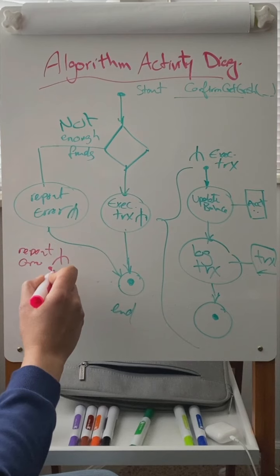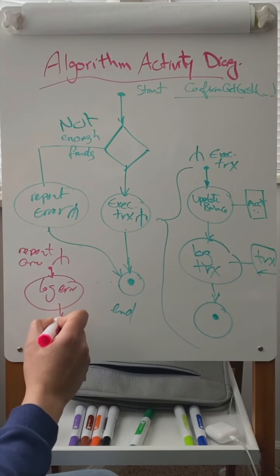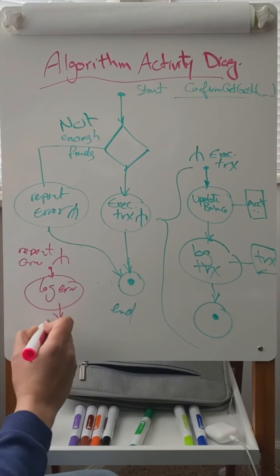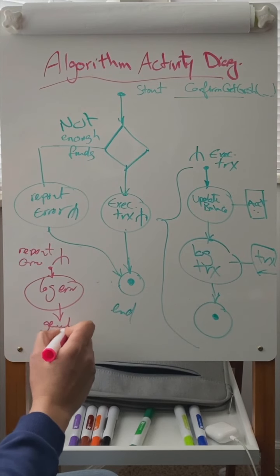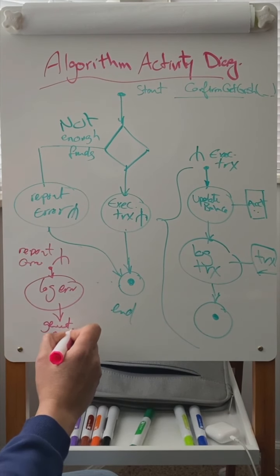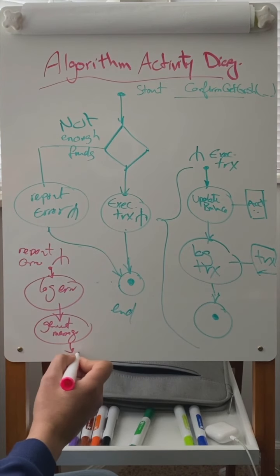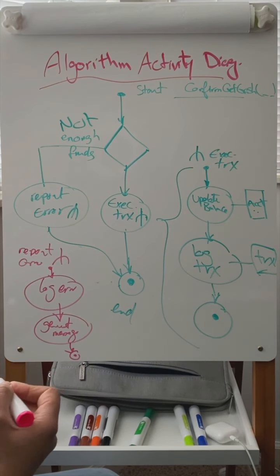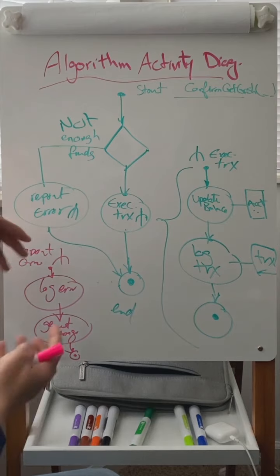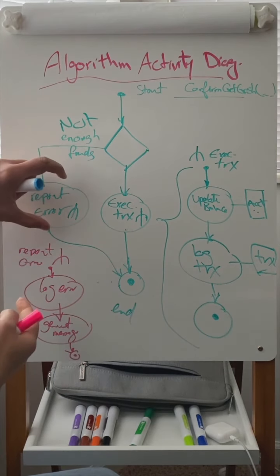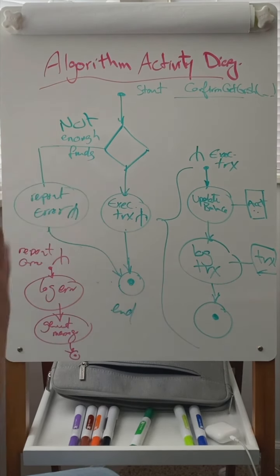Again, it has a start, you have log error, and then maybe generate message. Again, I abstracted these details into one box here, and mentally we started breaking things down as we go.